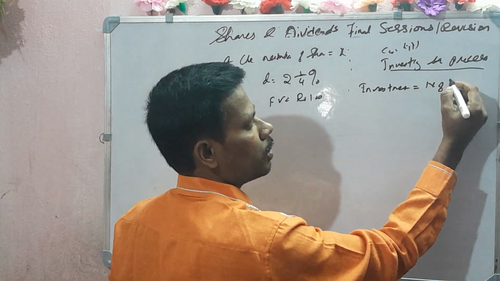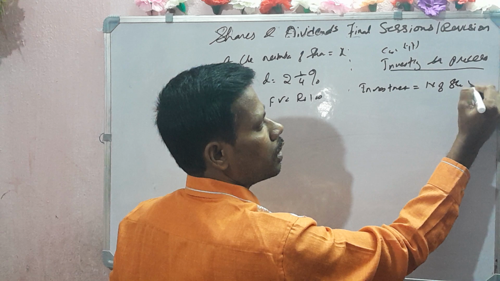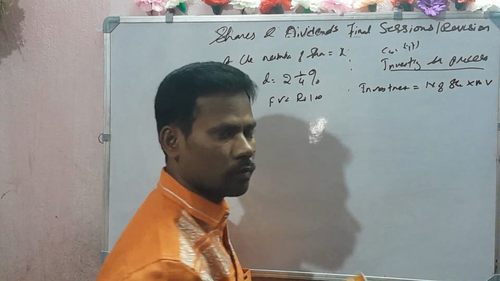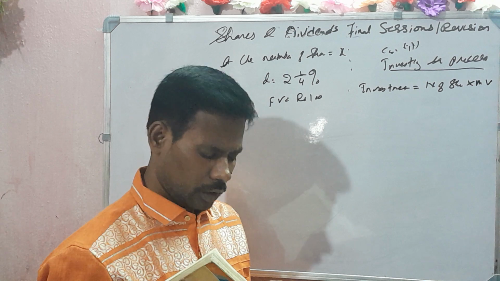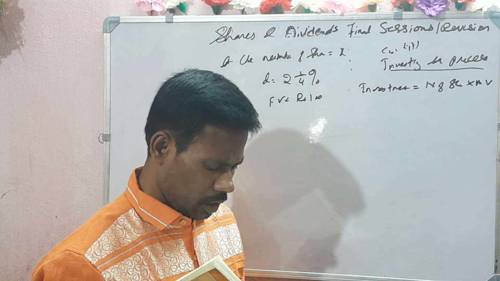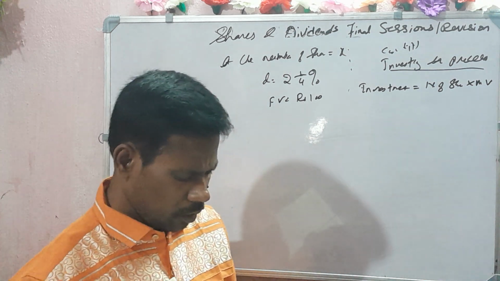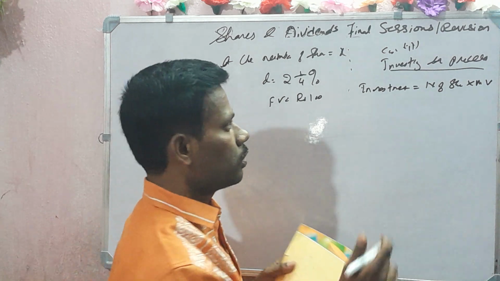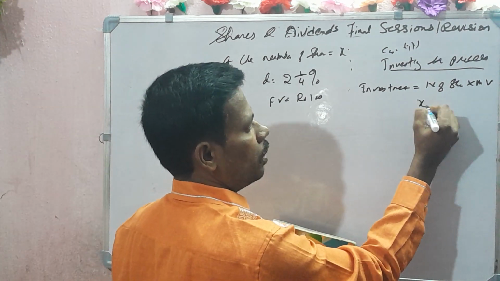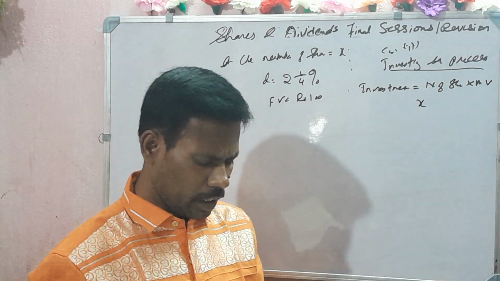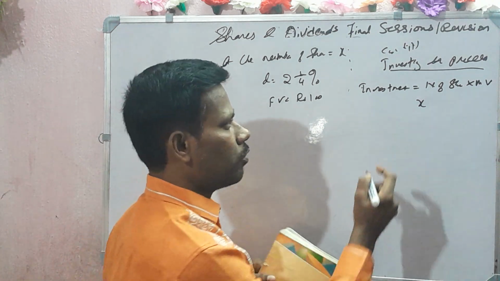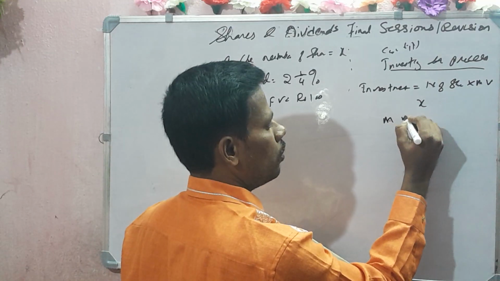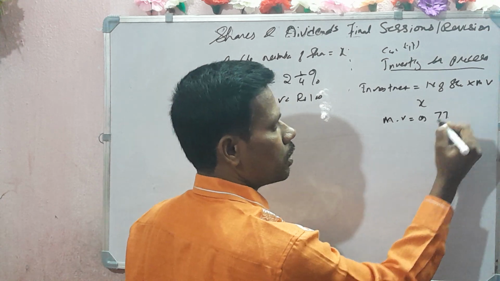Investing the proceeds means investment is equal to number of shares into market value, right? What is the number of shares? x. Number of shares we took x, no? Therefore here it is given by selling at rupees 77. Selling means market value. Therefore market value is equal to rupees 77.